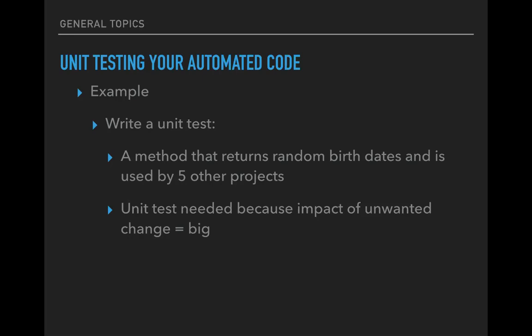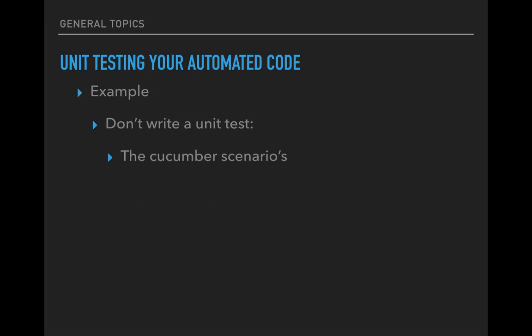So you have your date format, and you could write a unit test to test that the format is always correct. That way, if somebody decides to make a change and that change is not according to specifications, you'll have some test saying that an error is going to happen. Now, you shouldn't write unit tests for cucumber scenarios, for shared test steps, for all that kind of stuff. Of course, you can't even unit test that, in my opinion.